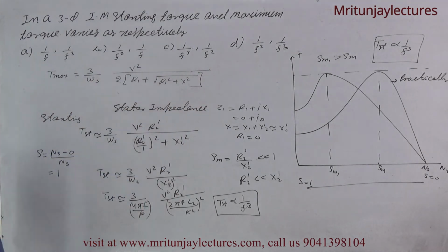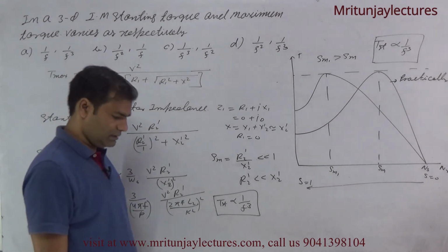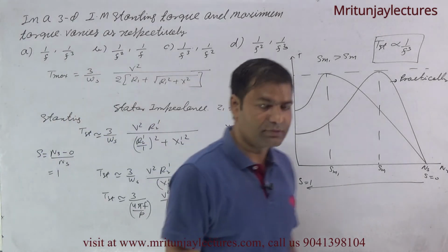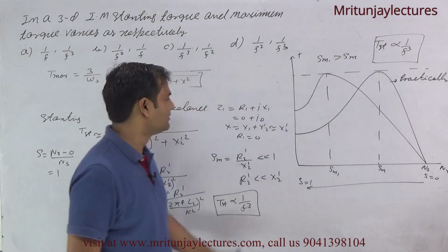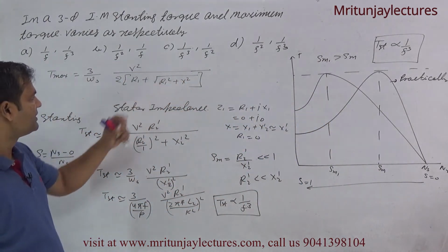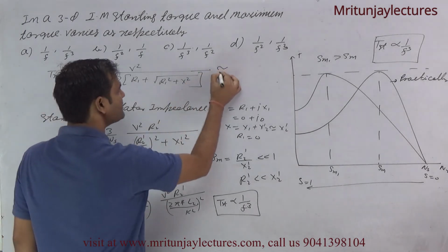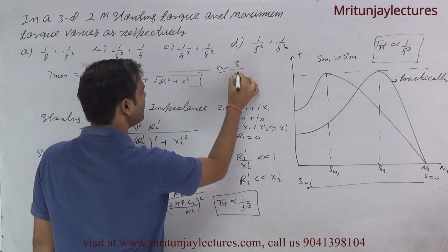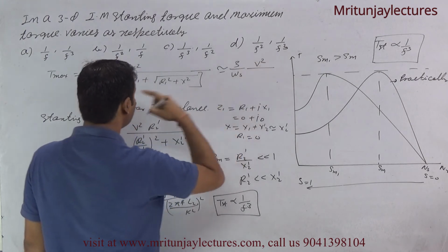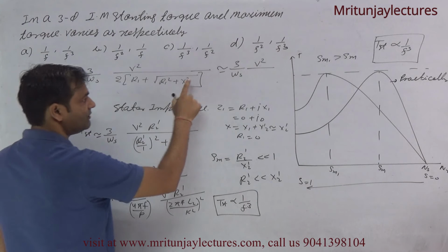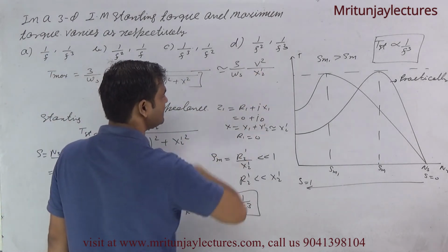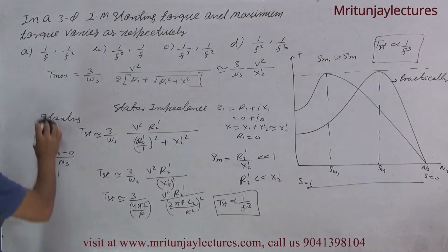Corresponding to this objective question, we have considered stator impedance neglected. Then it is 3 divided by omega s into V square divided by X1 plus X2 dash, meaning X2 dash.